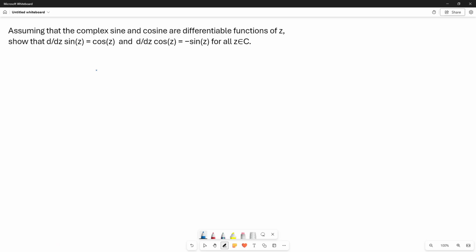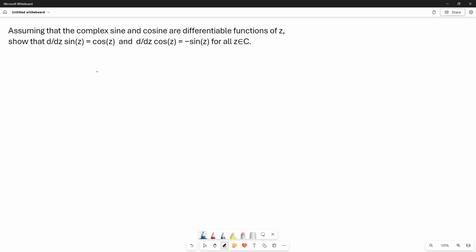We would like to show that the derivative of sine z is cosine z, and the derivative of cosine z is negative sine z, under the assumption that the functions are differentiable. We're not going to use the definition here.